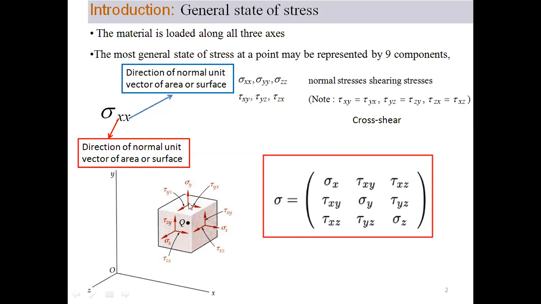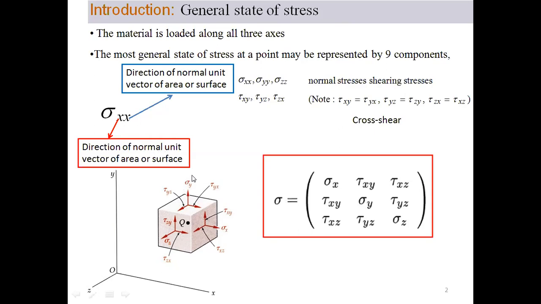Similarly, if you look at this component, this is a normal component because it is perpendicular to this face or this surface. And if we look at the notations, the normal of this area is along the y-axis. So the first subscript would be y, and the stress or the force itself is along the y-axis.